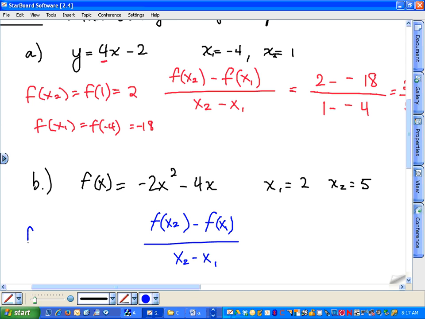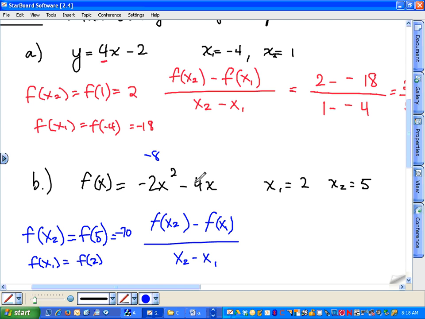Well, let's see. F of x2 is the same as f of 5. So 5 squared is 25 times negative 2, that's negative 50. Negative 4 times 5 is minus 20. So that's negative 70. F of x1 is equal to f of 2. 2 squared is 4 times negative 2 is negative 8.